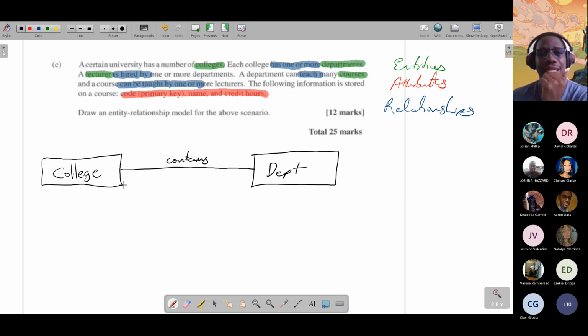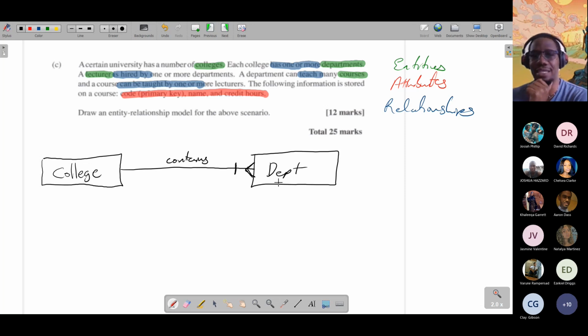Now, this is where modality comes into play. Can a college have 0 departments? No, sir. So in terms of our modality, we would assume that a college will have at least 1 department, but a college could have more than 1 department.